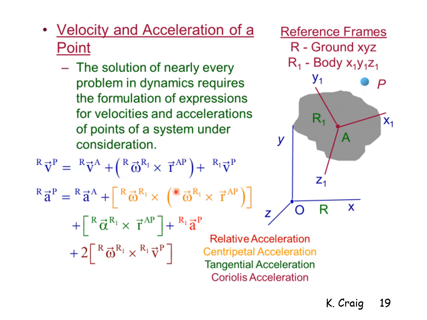So this term will give you a tangential velocity. This term will give you a relative velocity. If P is not fixed in R1, P can move with respect to R1, and this term is non-zero.